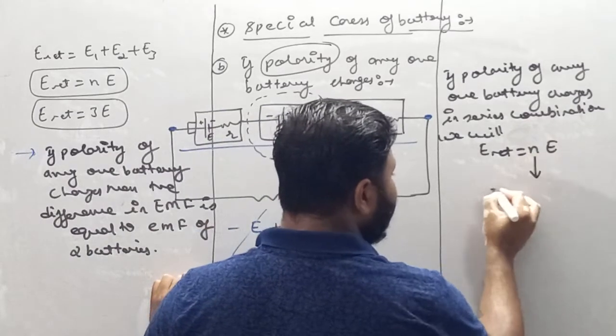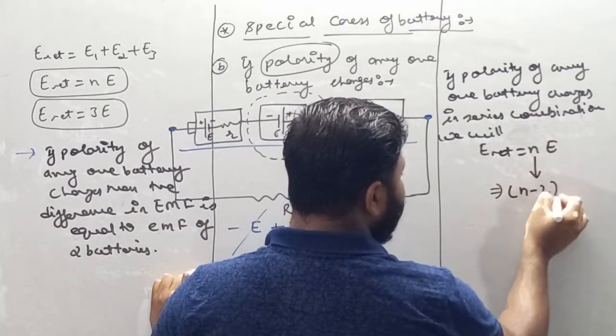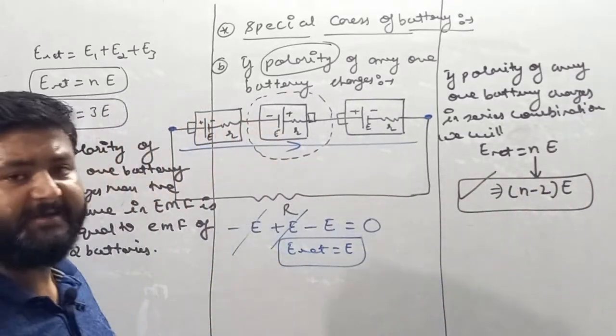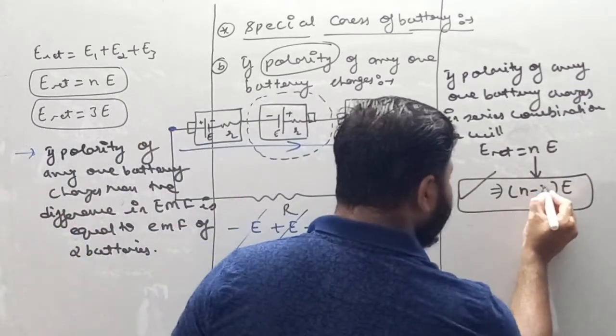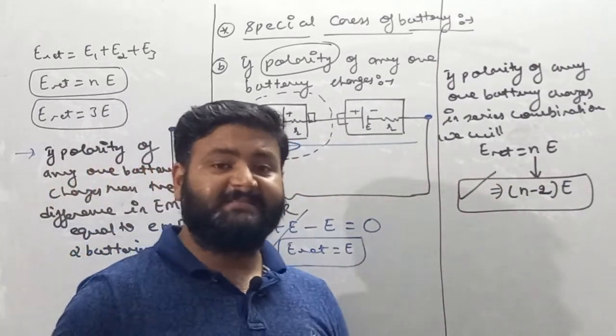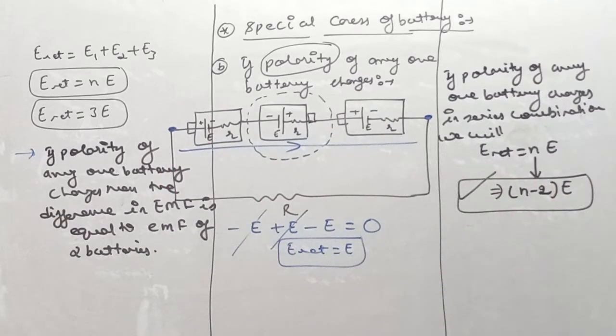So instead of N, we can write (N minus 2) into E. So remember this thing, a very important concept, my dear student. If the polarity of any one battery changes, then a difference in EMF is created equal to two batteries' EMF.